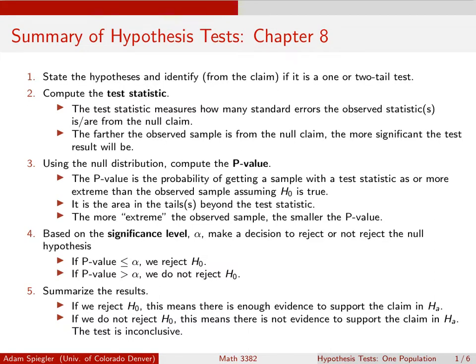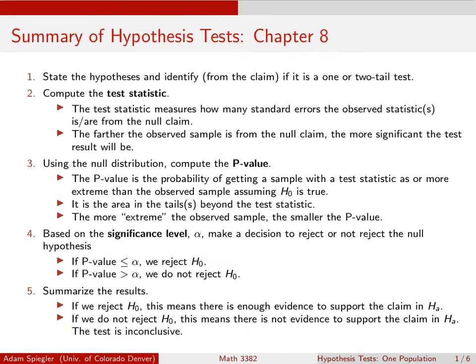Next, we would calculate a test statistic. And this test statistic is going to be a measurement of how extreme, one way to measure at least, how extreme is the sample that we gathered compared to the claim in the null hypothesis. And so typically we might think about this as measuring how many standard errors the observed value that we got was from the value that's claimed in the null hypothesis.